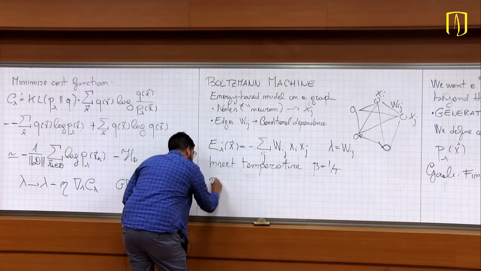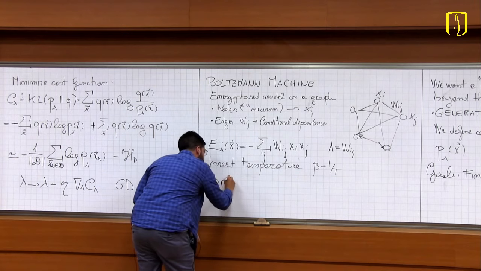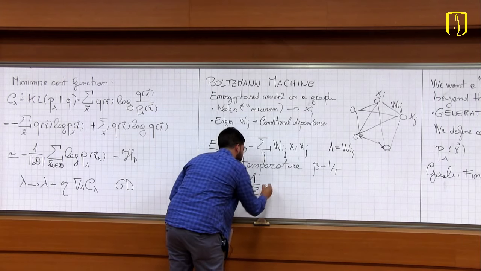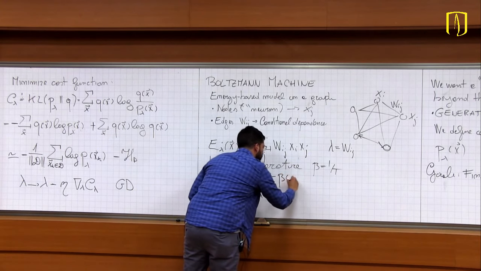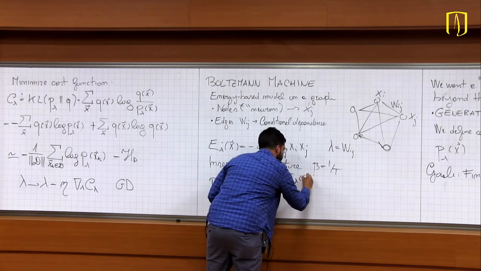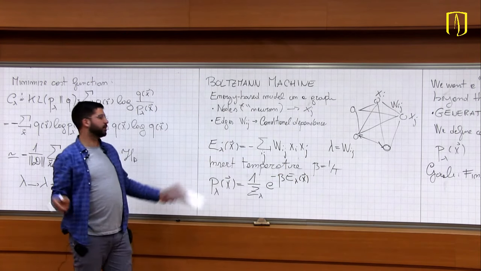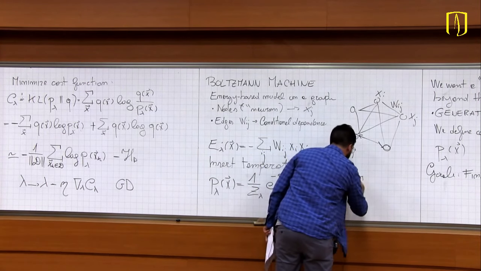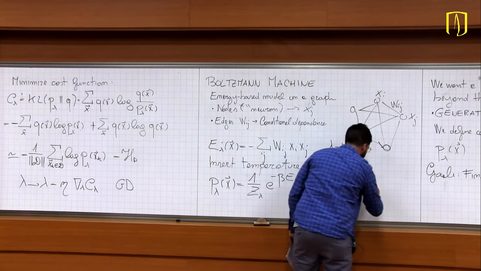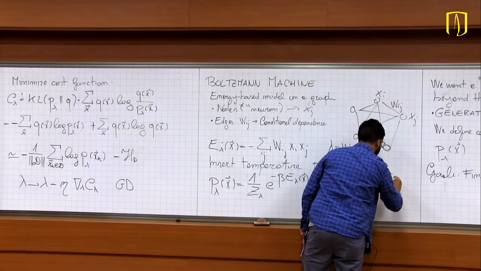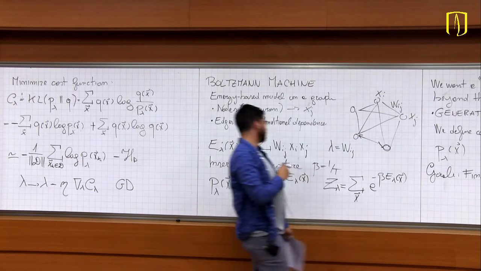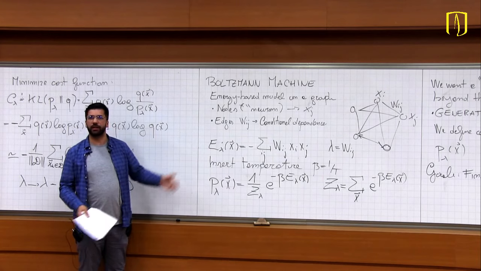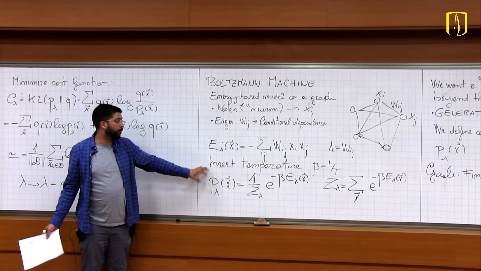And this gives a probability distribution p lambda of x, which is 1 over Z lambda e to the minus beta E lambda of x. Same thing as the Ising model. So Z, the partition function, is the sum over x of e to the minus beta E lambda of x. And that's why it takes the name Boltzmann machine, a neural network described by a Boltzmann distribution.